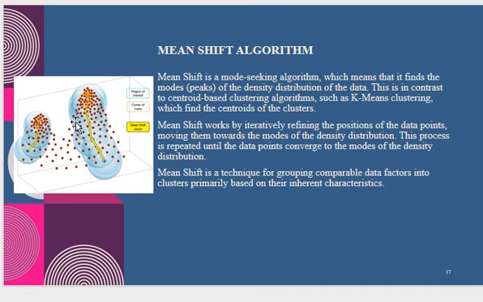This works iteratively, again and again, until every data point, or similar data points with similar feature characteristics, converges to the very high dense region. This is how the mean shift algorithm works.